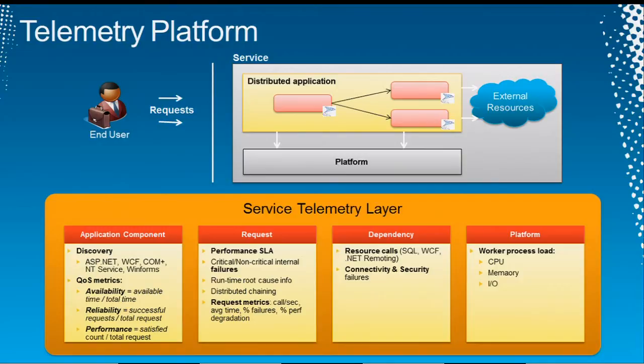So what we have is a bytecode instrumentation technology that allows us to instrument the application on the fly. And we are essentially monitoring requests. Let's say you have an entry point, let's say your front-end web services, or ASP.NET application, rather.